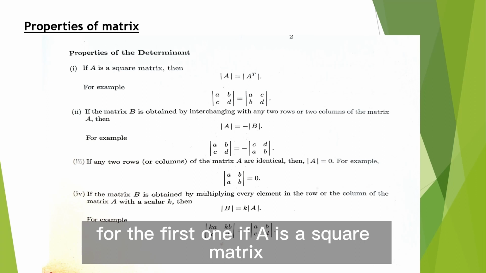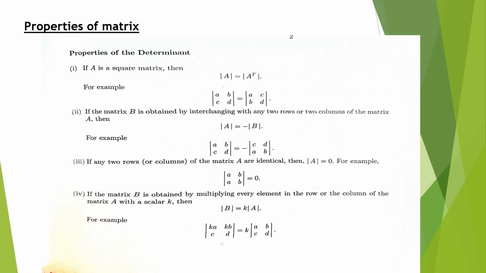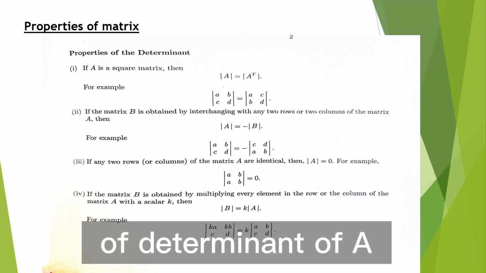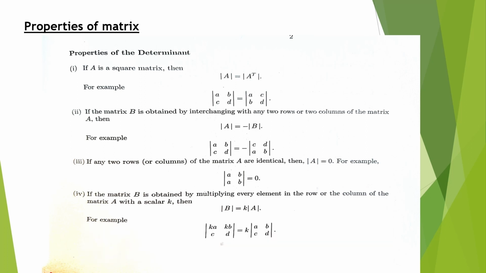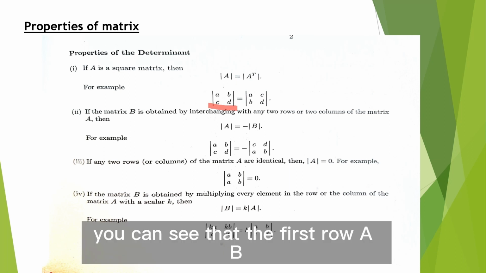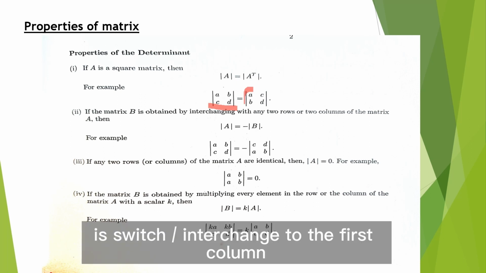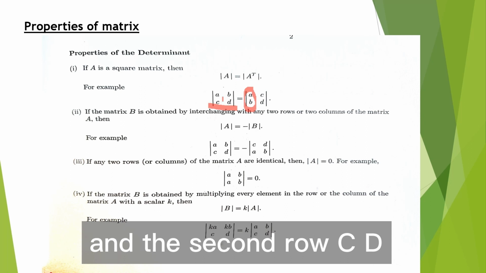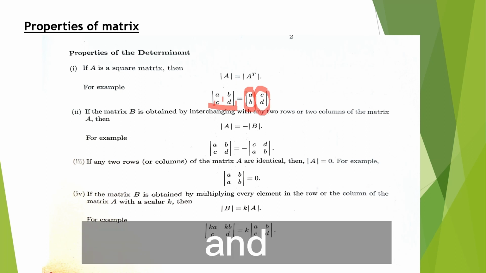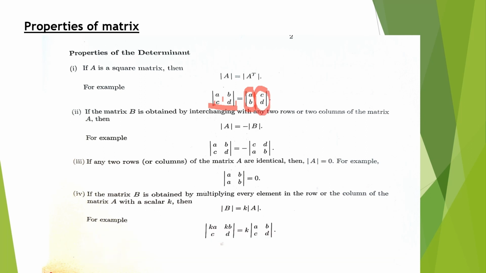For the first one, if A is a square matrix, then the determinant of A is equal to the determinant of the transpose of A. For example, take a look here: A, B, C, D, and on the right hand side, you can see that the first row AB is interchanged to the first column, and the second row CD is interchanged to the second column. In this property, the determinants are equal.